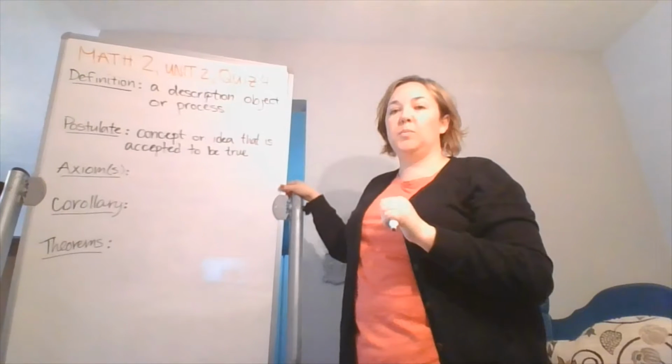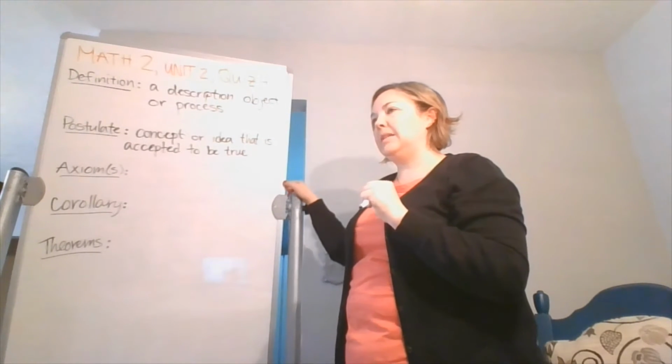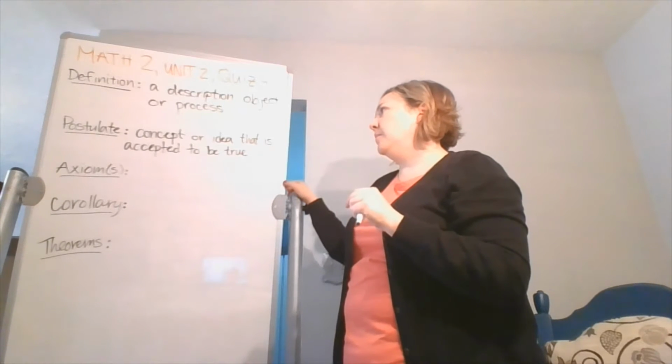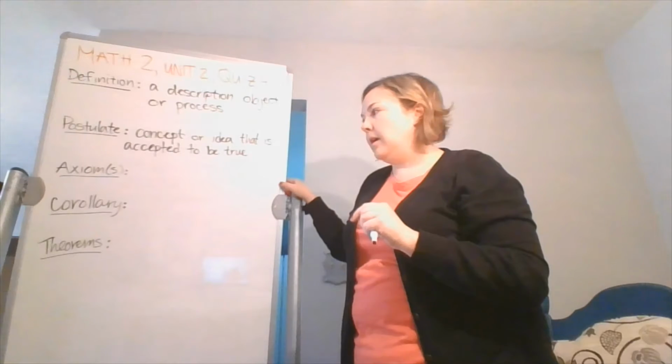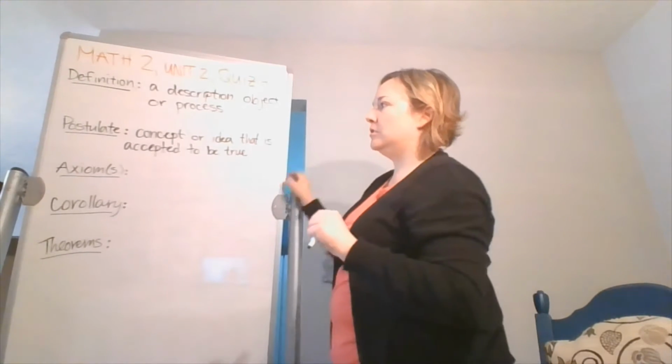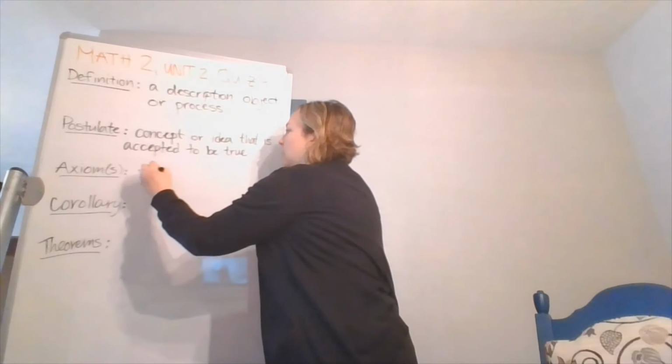It doesn't need to be proven. You just say, yep, we're going to accept that this idea is true. Axioms are just another word for postulate. So axioms are postulates.